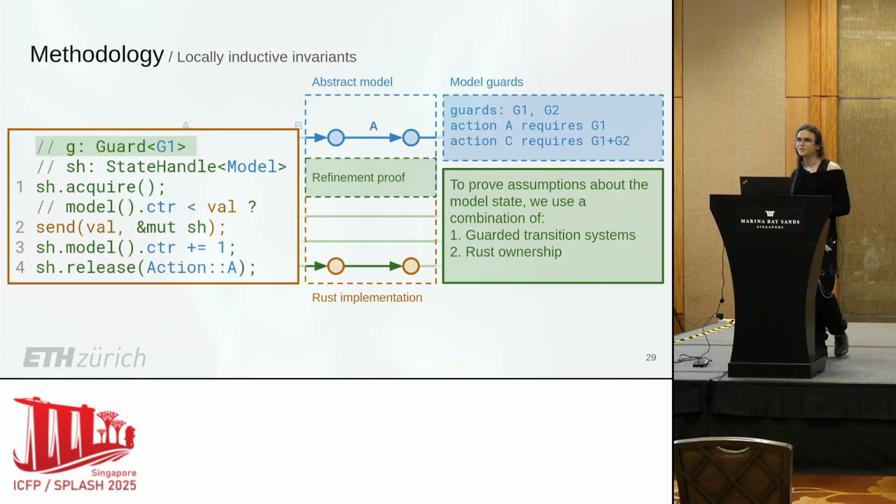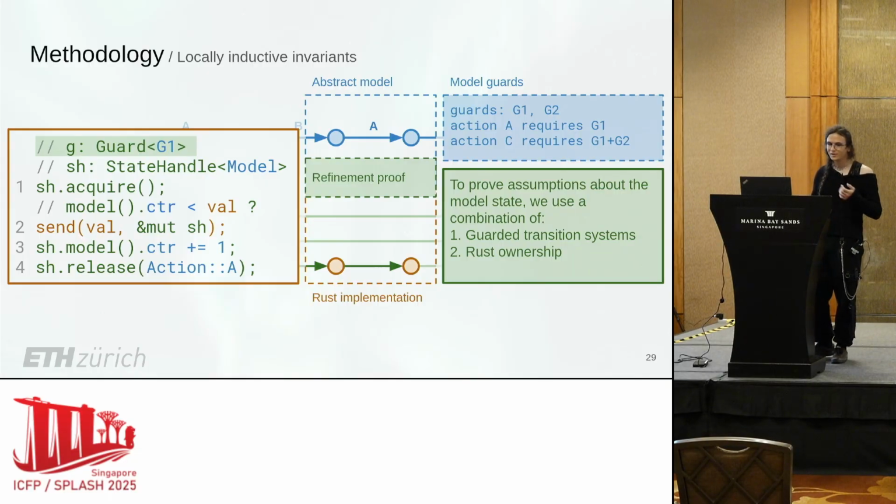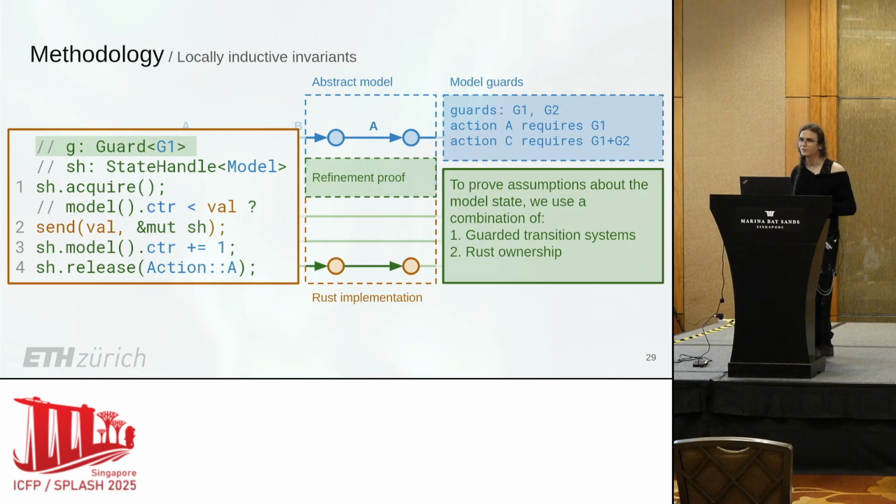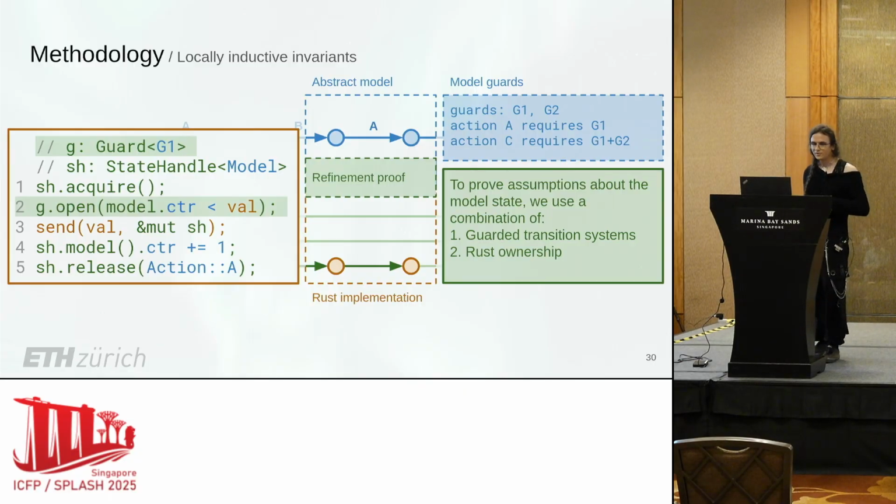We represent these guards as a type, an opaque type in Rust. And what is very nice is that we can rely on the existing Rust ownership type system to actually track uniqueness of guards as they flow around the implementation. And so with the guard in hand, the implementation can basically use it as a justification for a locally inductive invariant.